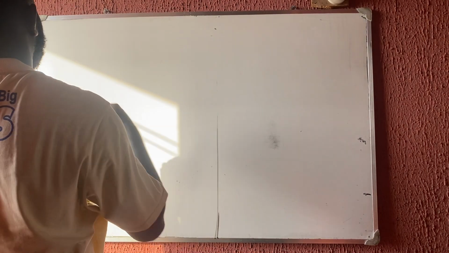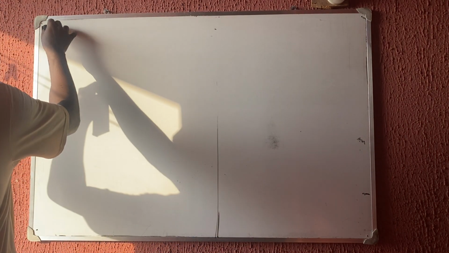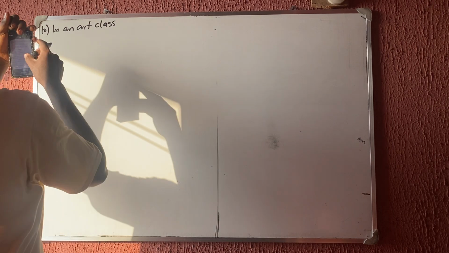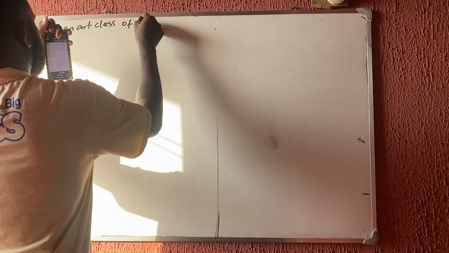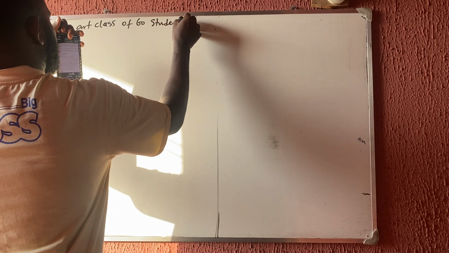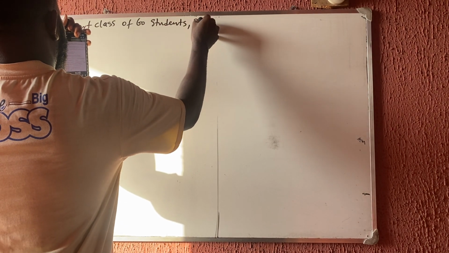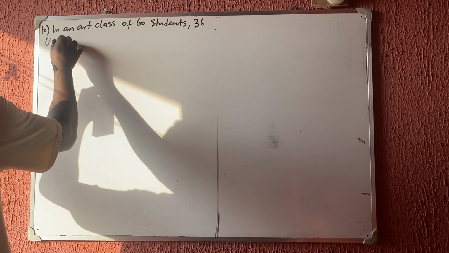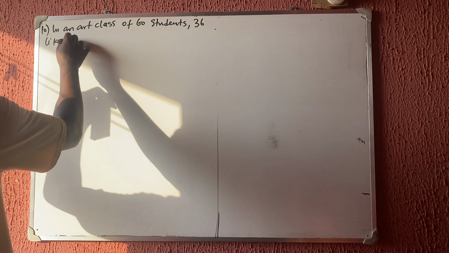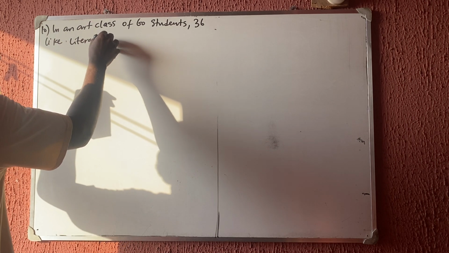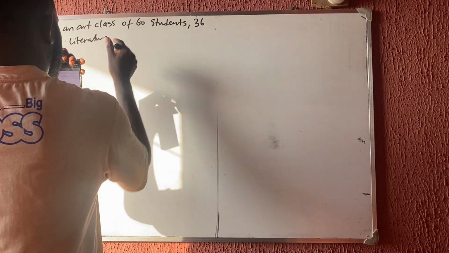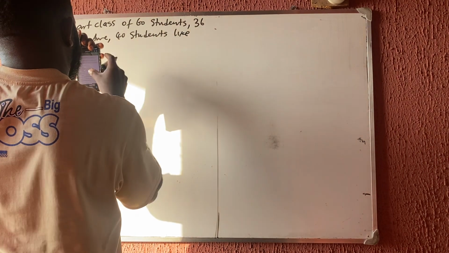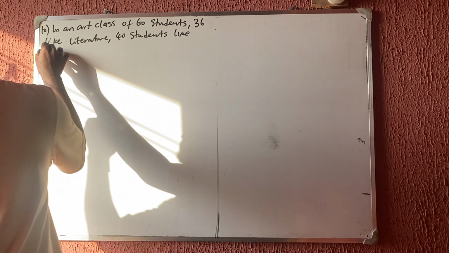Question number 10 said, in an art class of 60 students, 36 like literature, 40 students like government.